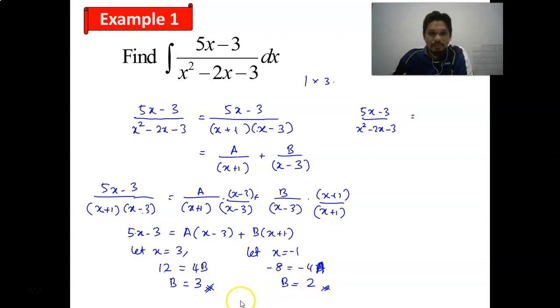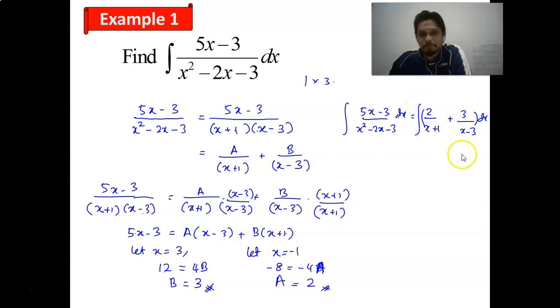Okay, sorry, this is a. So then a equals 2 divided by x plus 1, plus b equals 3 divided by x minus 3. So just imagine that we integrate everything here with respect to x.